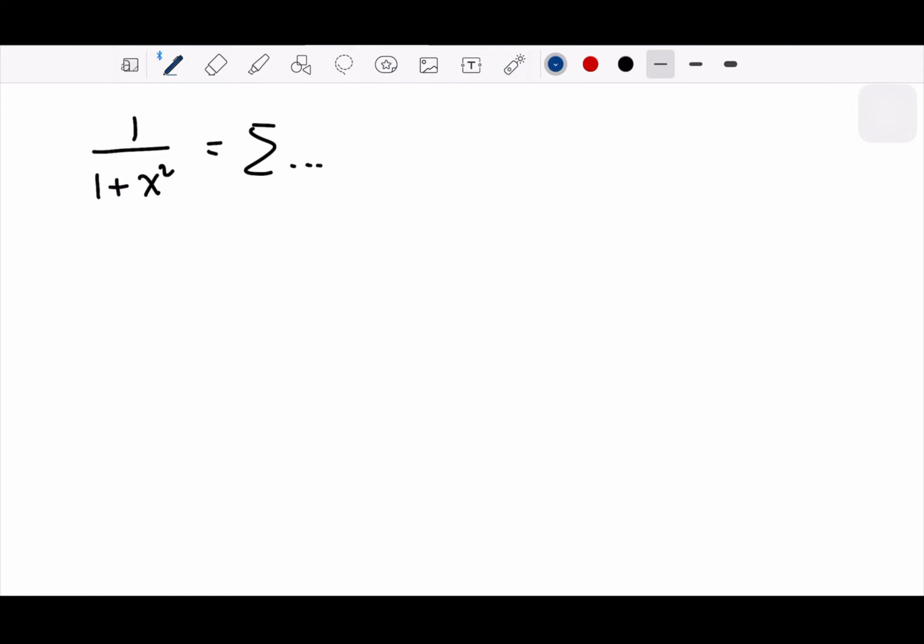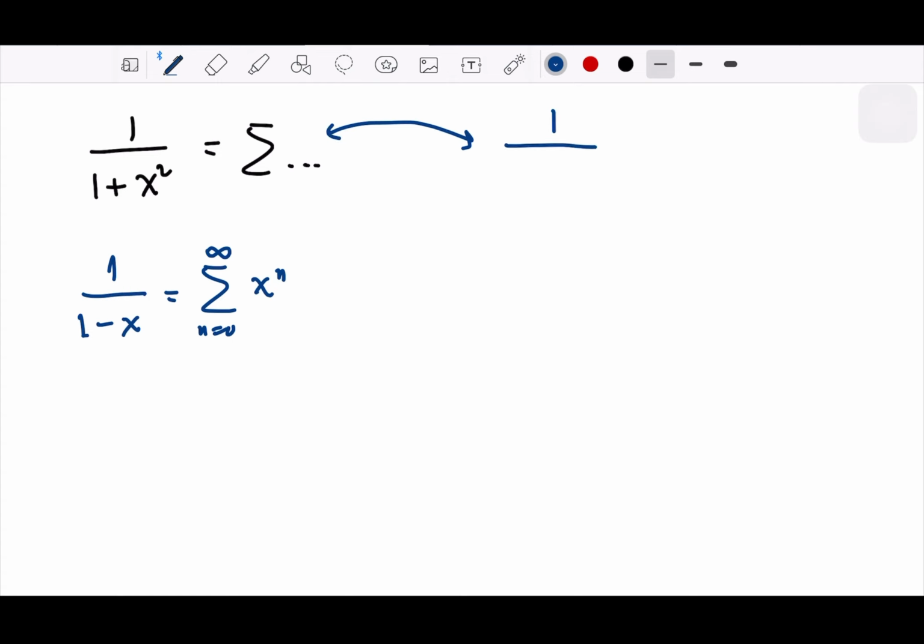First, what we have is 1 over 1 minus x, which gives x with power of n. So the suggested answer is, we can take 1 over 1 plus x squared as 1 over 1 minus negative x squared to match the form of the one that we know before.